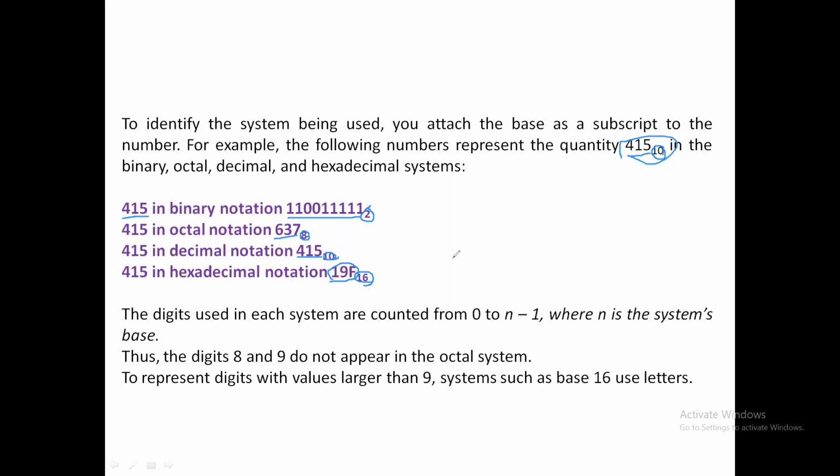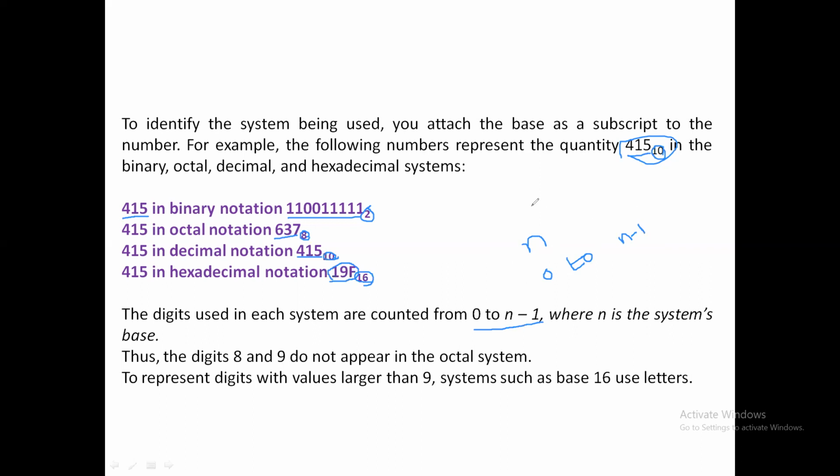So what you need to understand is, in any number system, the digits used in the corresponding number system are always counted from 0 to n minus 1. That means if n is the system's base, then that particular number system will contain the digits from 0 to n minus 1. So it depends on the base. If the base is 8, then the digits are going to be 0 to 7.